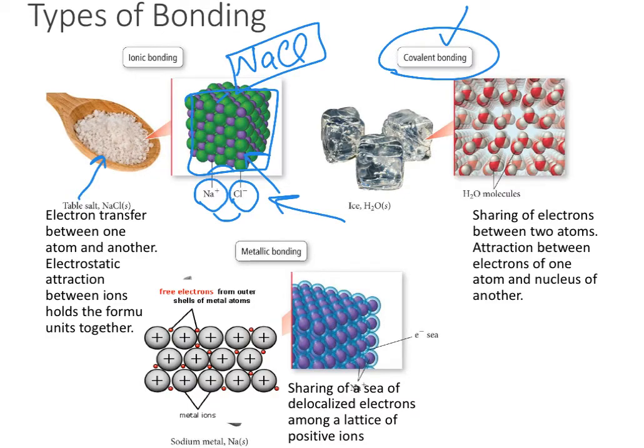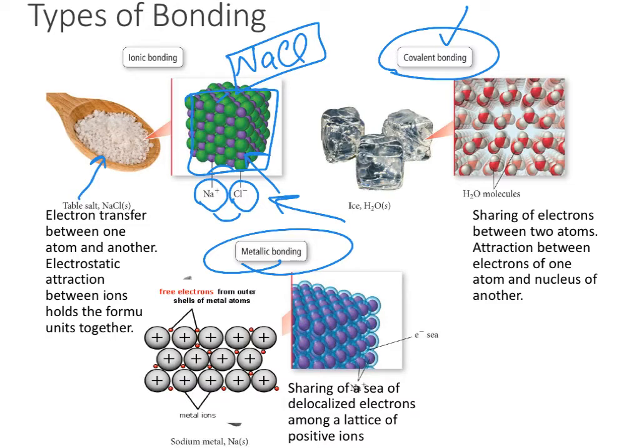And finally, just a word about metallic bonding. Metals to the left of the stair step, we've talked about them having low ionization energy, which means it doesn't take much energy to remove the valence electron from a metal, right? That's why metals tend to give up their electrons to become cations in a chemical reaction.